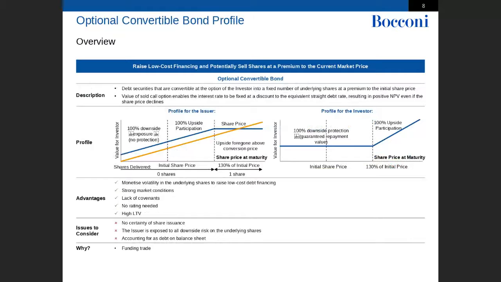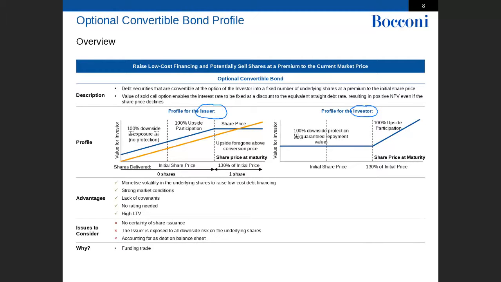And here I wanted to spend a bit of time that allows you to really understand the behavior of these instruments, on one side with the perspective of the issuer, and on the other side the perspective of the investors.